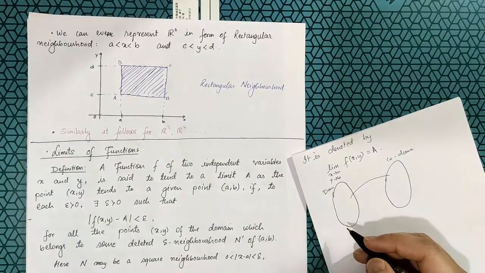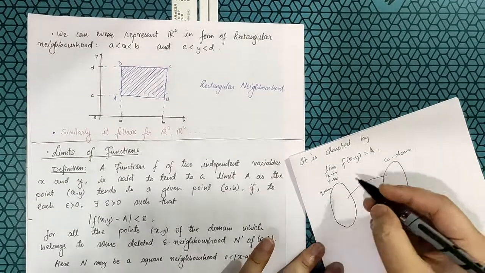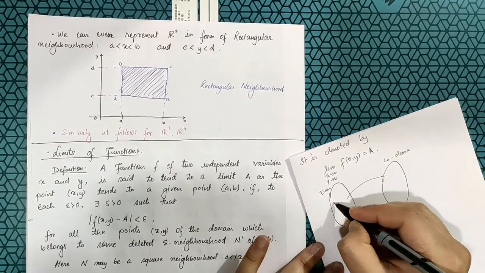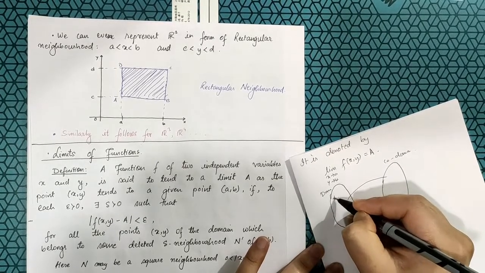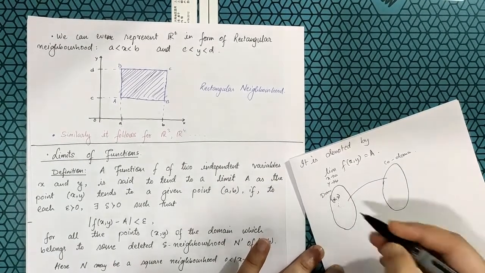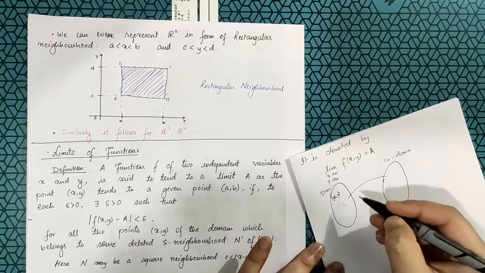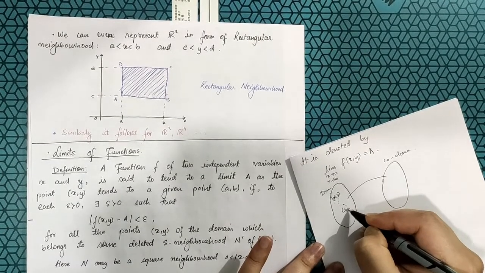So what is the definition of limit? If there is a sequence of points, obviously here it is two dimension (x, y), and it is going towards some (a, b).